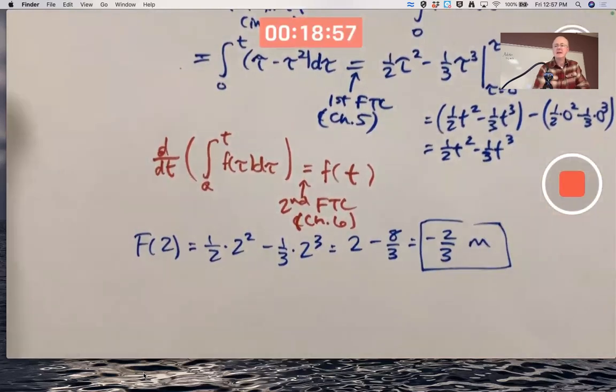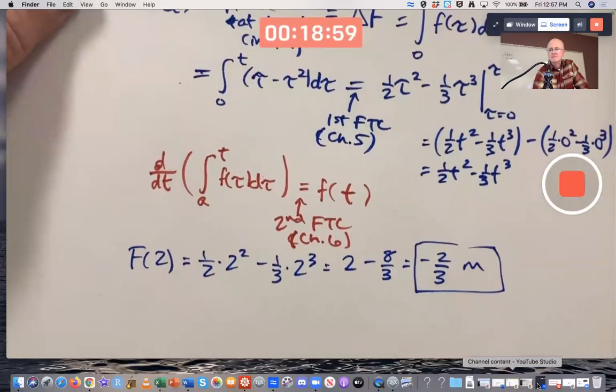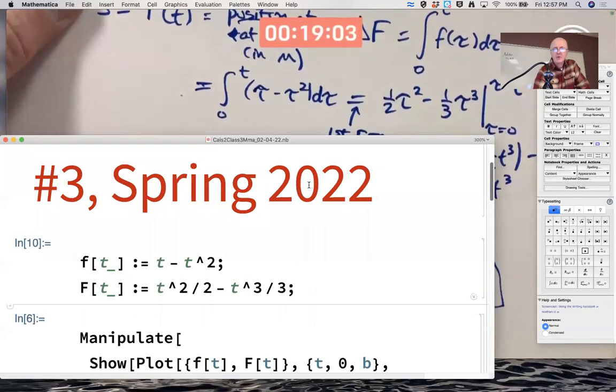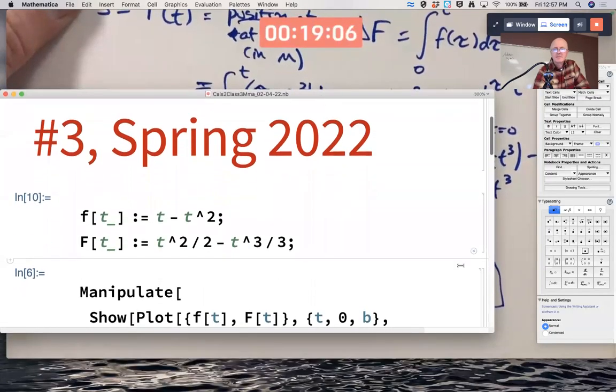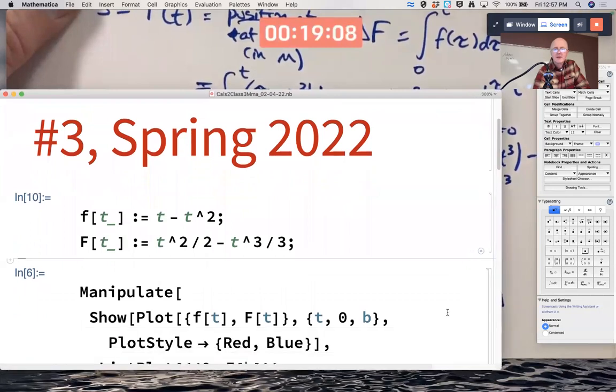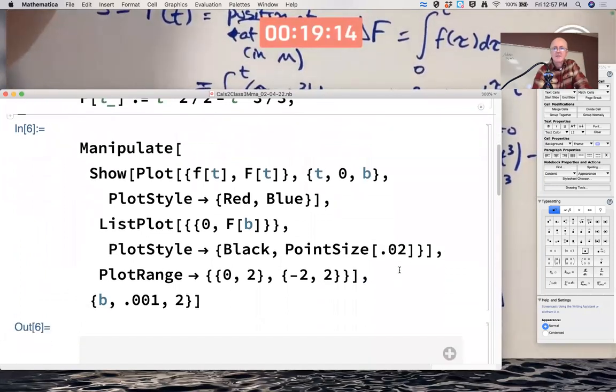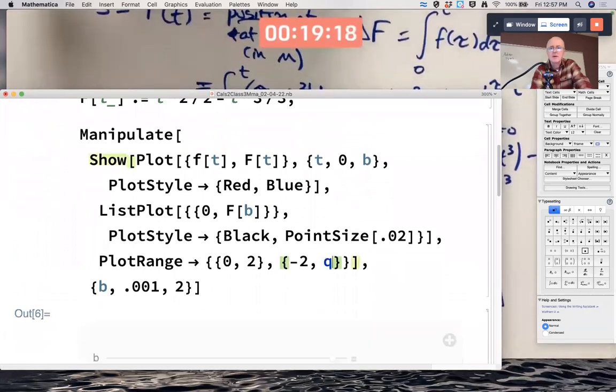Let's see that in Mathematica here now. You do not need to know this code for the moment. Again, I may test you on some basic things about Mathematica, but this is fairly complicated. Don't worry about what it means. Change this to a 1 here.